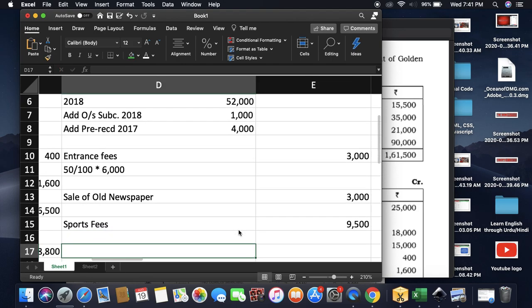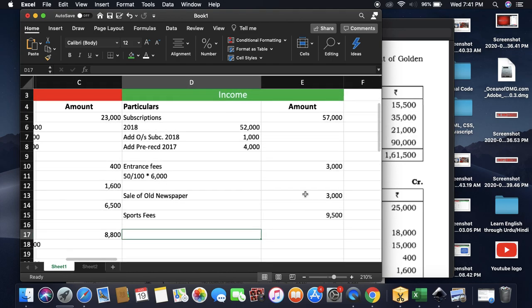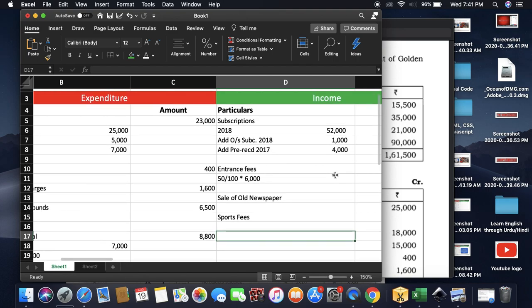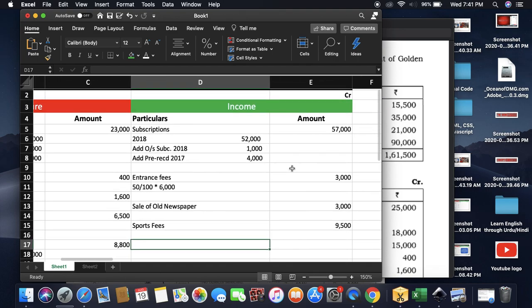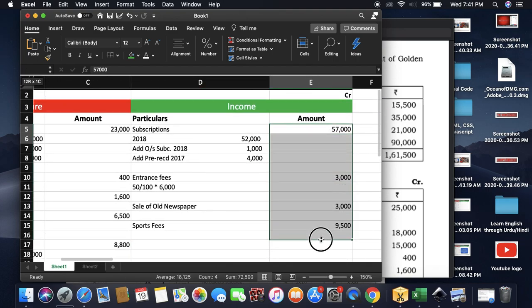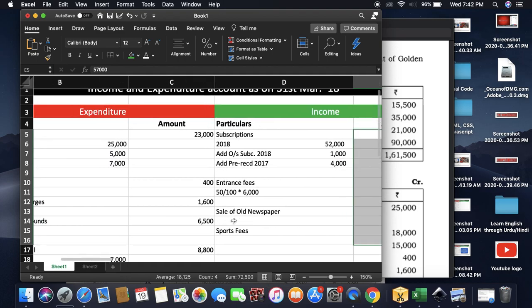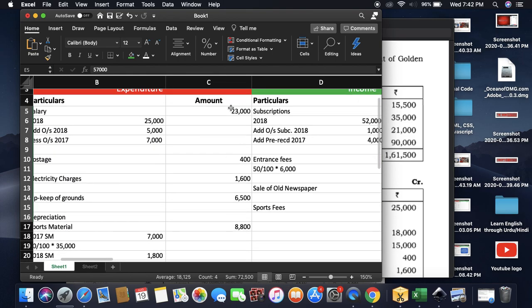Okay. So now we're done with both sides of it. Now we need to check which side is greater. So since I'm using Excel, if I just drag it down, it is telling me 72,500. Let's see this side.